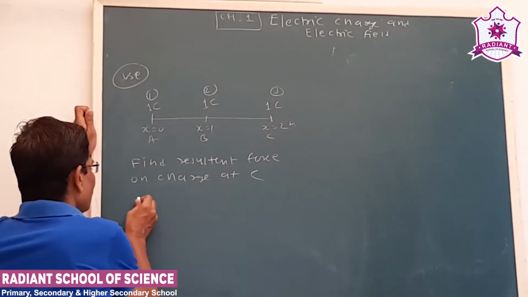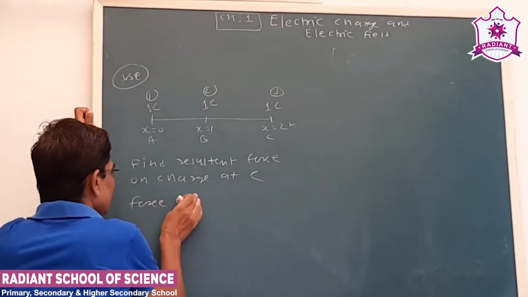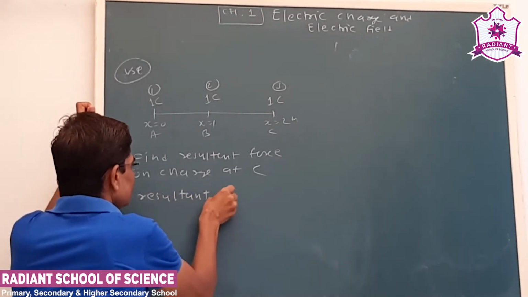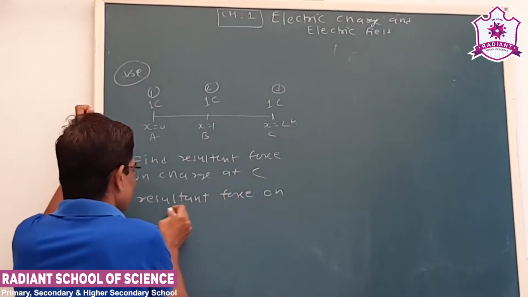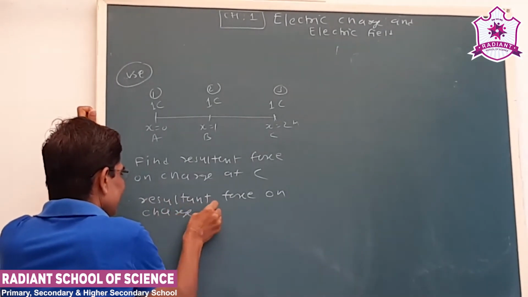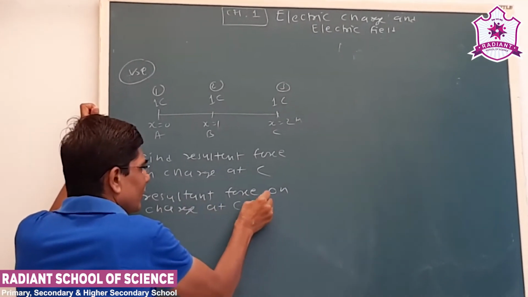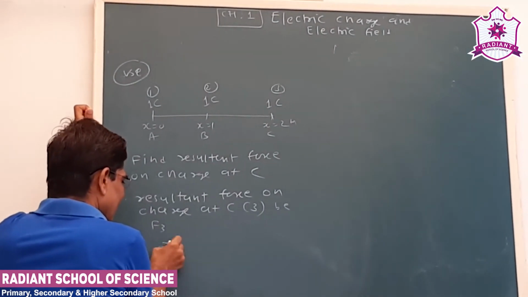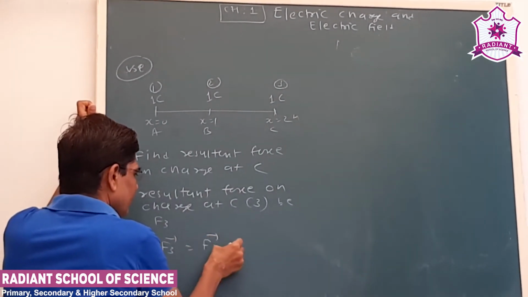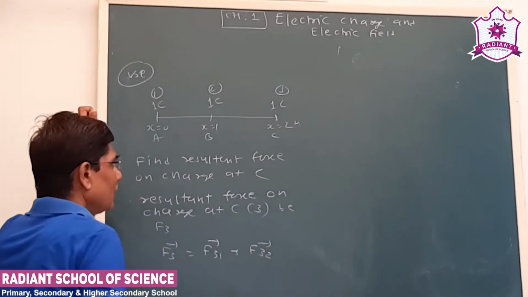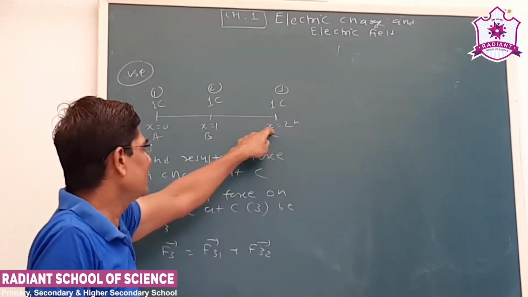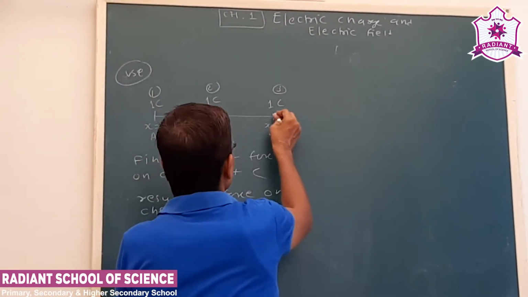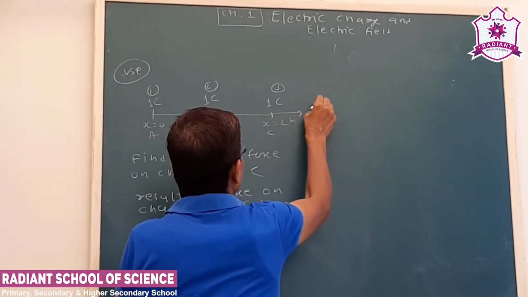Now see the force here. Let us say we can write the resultant force on C, that is the third charge, as F3. So F3 we can write as F31 plus F32. Now what about the direction? See, these are like charges, so between 1 coulomb and 1 coulomb there will be a repulsive force F31.